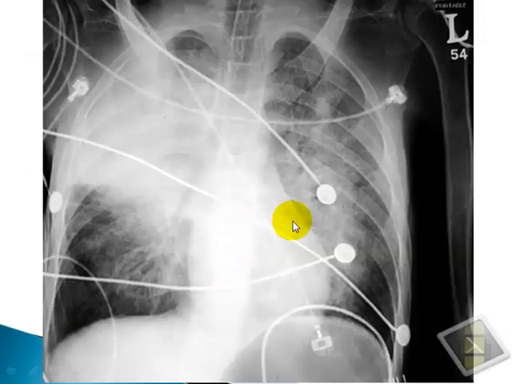You can see here in this patient involvement of the lung, consolidation over this zone, plus some patchy areas of consolidation here and there, and you can see a lot of ECG wires. That means this patient was lying down, the patient is terminally ill.